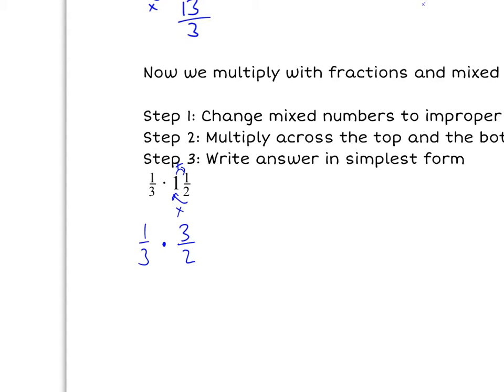Okay. When you multiply, the nice thing about this is you don't have to have common denominators. This is where we're going to make a mistake. I'll tell you this now. You're going to get confused when it comes to the test. You're going to think, oh, when I add and subtract, I've got to make common denominators, so when I multiply, I've got to make common denominators. Or you're going to think the opposite. You're going to goof it up.